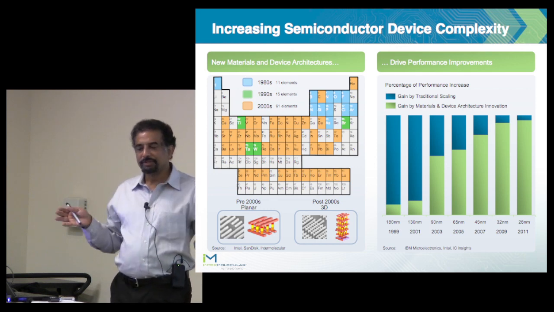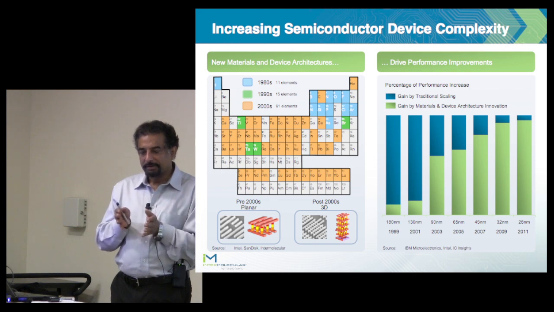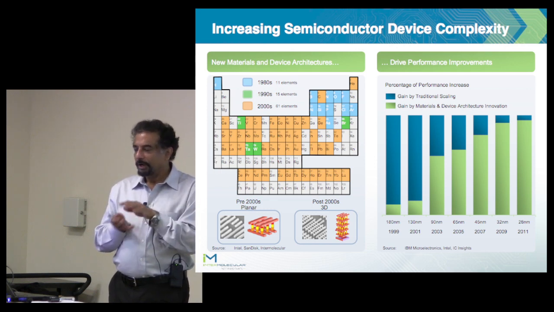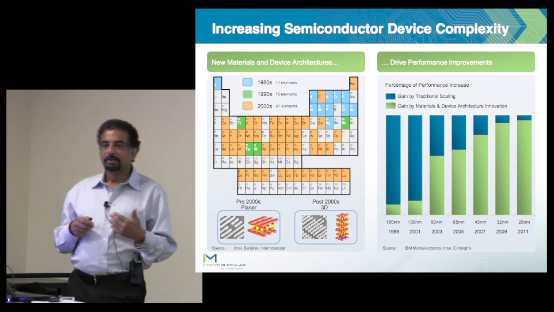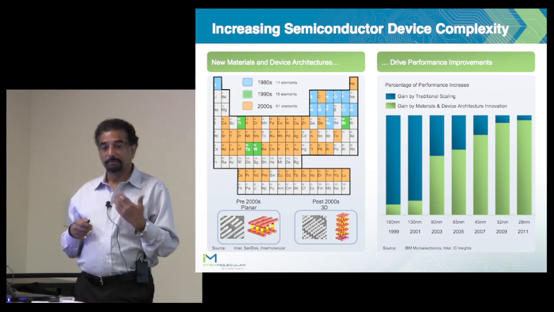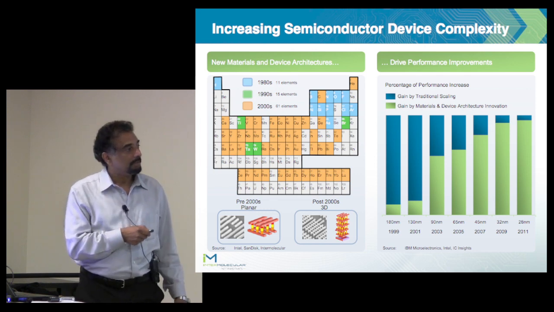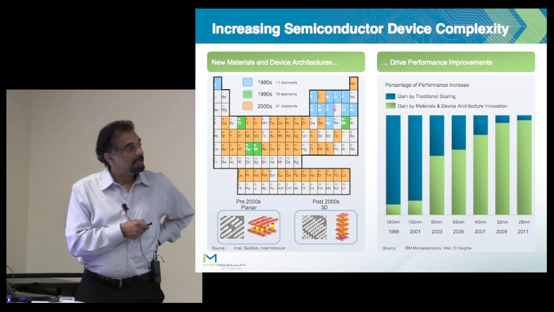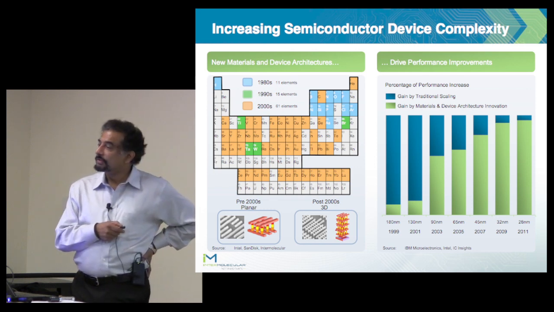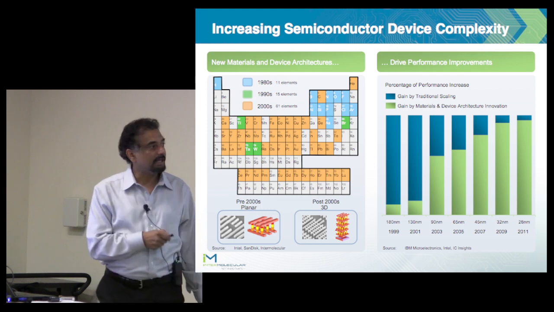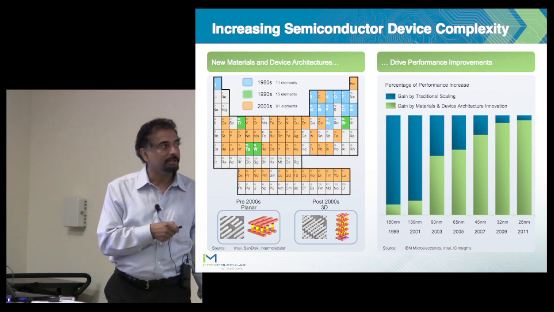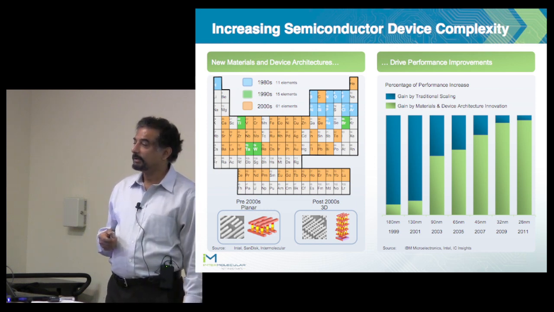that as you scale the lateral dimensions, if you scale the vertical dimensions and you scale the voltages also proportionally, you automatically get a lot of improvement from a performance point of view. But starting from the 2000s, if you look at what percentage of the performance is from scaling and what percentage is from materials and device architecture, the latter is becoming a larger and larger fraction, such that at 28 nanometers, it is a big aspect of it.